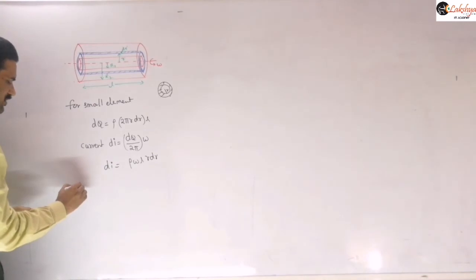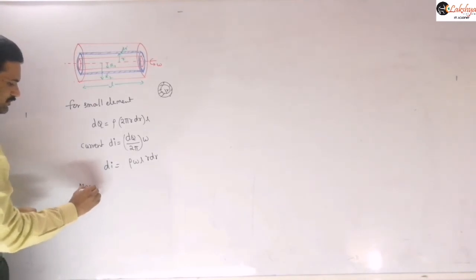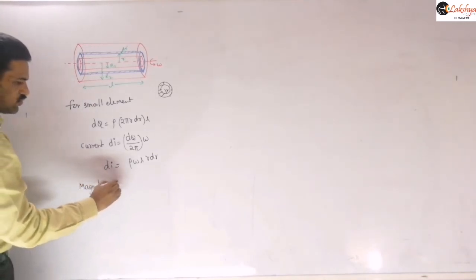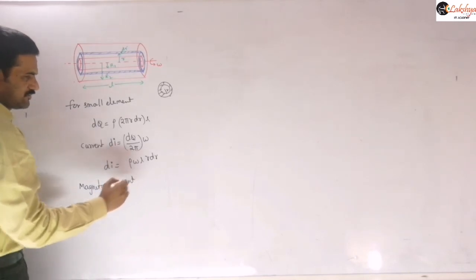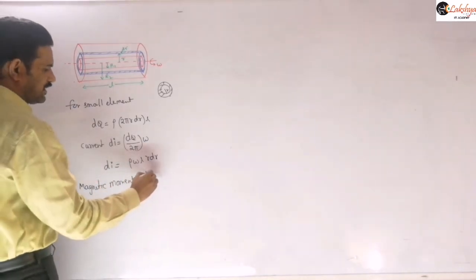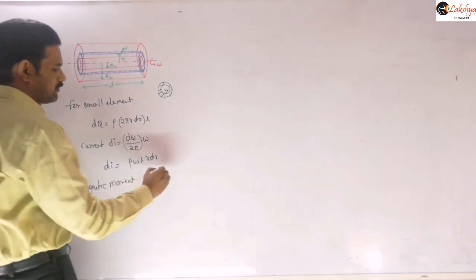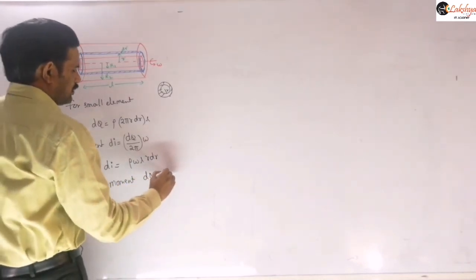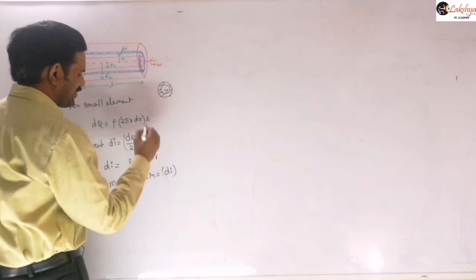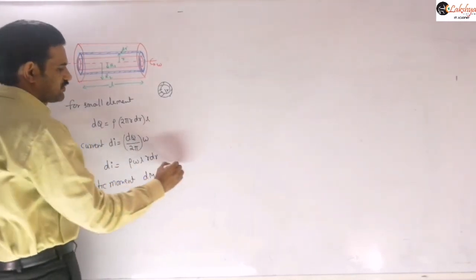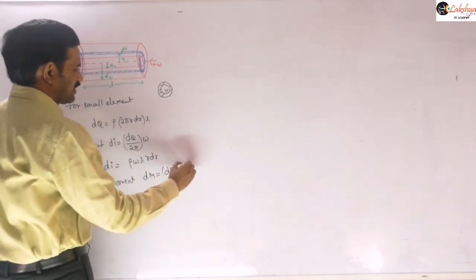Then the magnetic moment: dm is equal to di into the area of that element, which is the cross-sectional area pi r square.